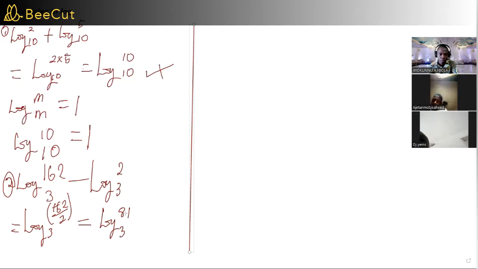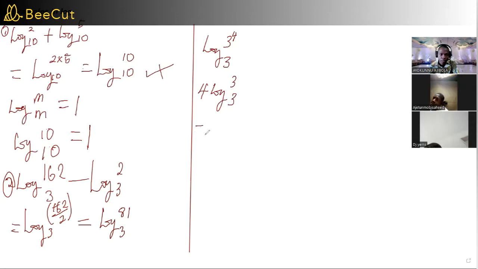What is 3 raised to power 4? 81. So the log now becomes log 3 raised to power 4 base 3. Are you with me? One of the laws said the power can come to the front of the log. So that will now be 4 log 3 base 3.